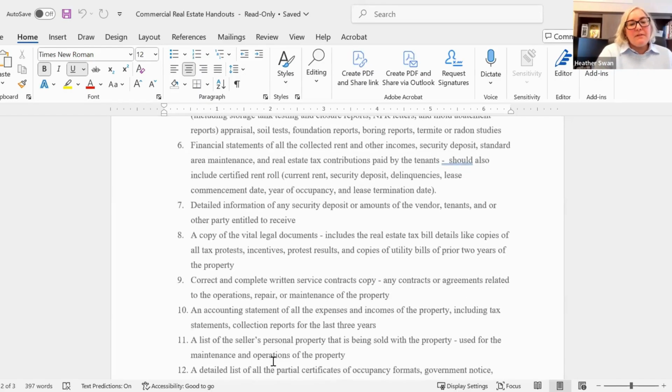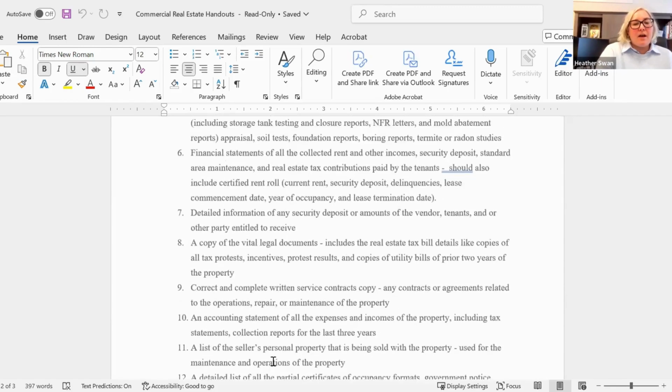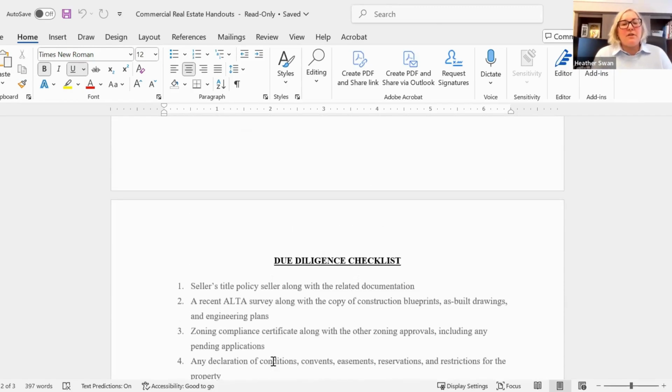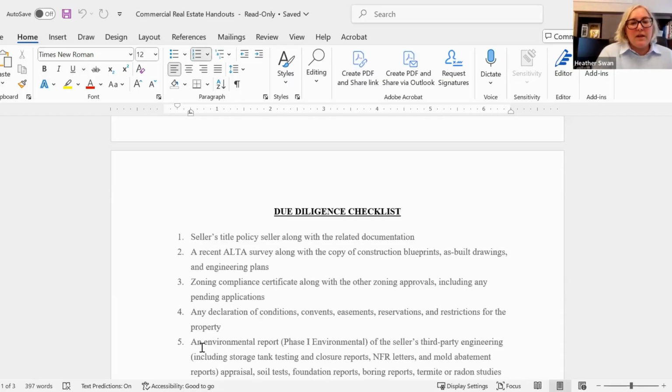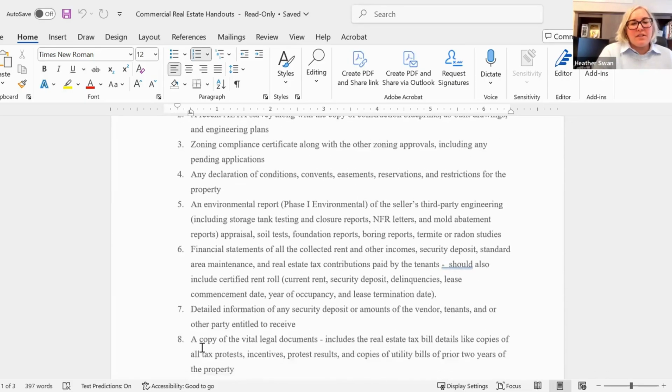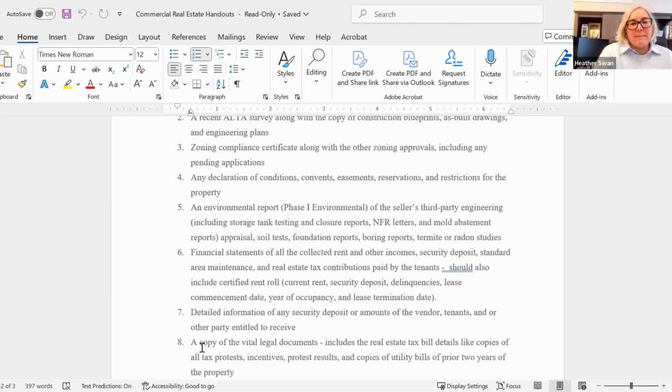And if you have a commercial seller who says, I don't want to provide that, it's confidential, then typically the parties enter into a confidentiality agreement. It's pretty straightforward. So that's what a typical due diligence checklist looks like.